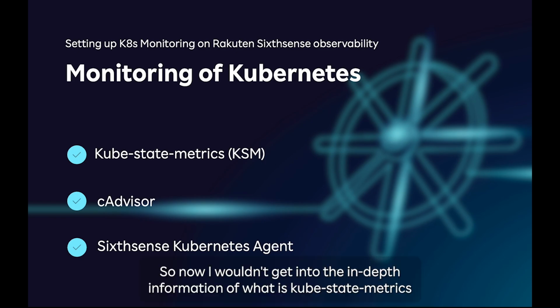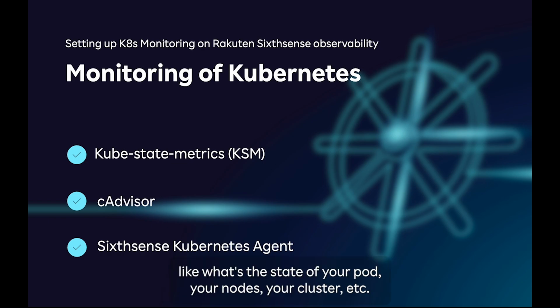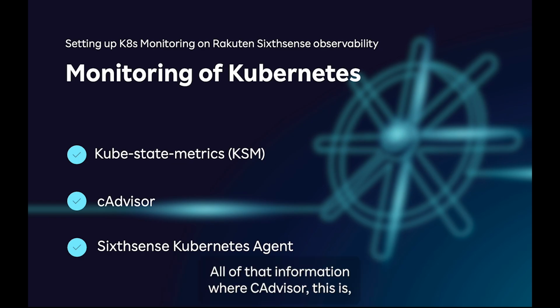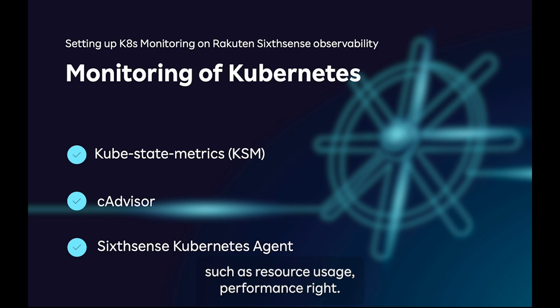Now, I wouldn't get into in-depth information of what KubeStateMetrics is. KubeStateMetrics gives you the API server and generates metrics on the state of the objects, like the state of your pods, your nodes, your cluster, etc. All of that information. Whereas cAdvisor, this is where you'd get information such as resource usage and performance, right?